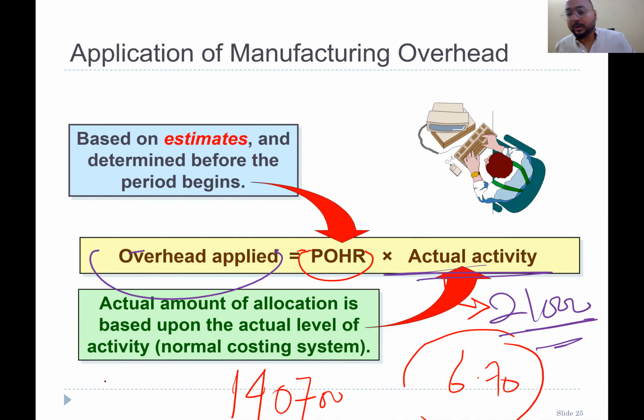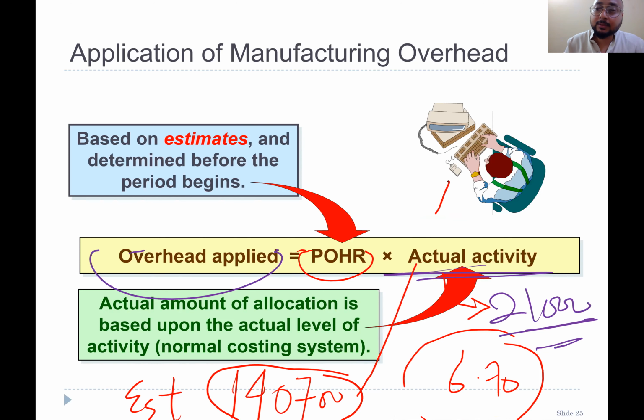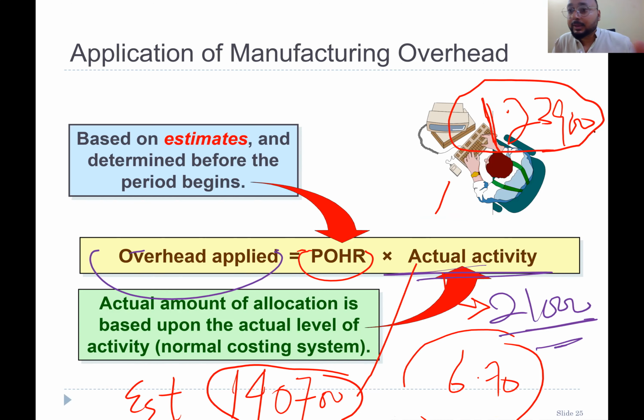Now, what does it mean? If the company estimated based on 21,000, the estimate is going to be 140,700 and their actual is 123,900. Now you can say whether it is good or bad. Their estimate was 140,700. Now they utilized the cost of 123,900.